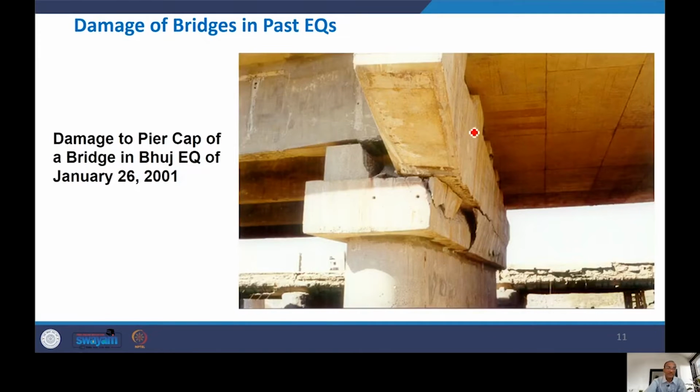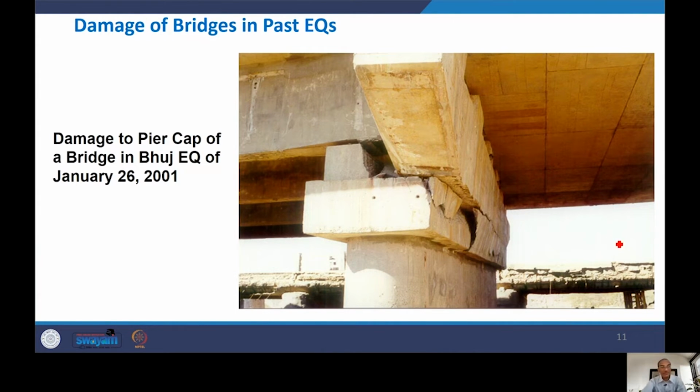This is another example of soil amplification, but this example is from the January 2001 Bhuj earthquake of our country. You can see clearly a peculiar damage to the pier cap of the bridge, and this is again the amplification effect. The waves got amplified, and this pier cap got damaged.